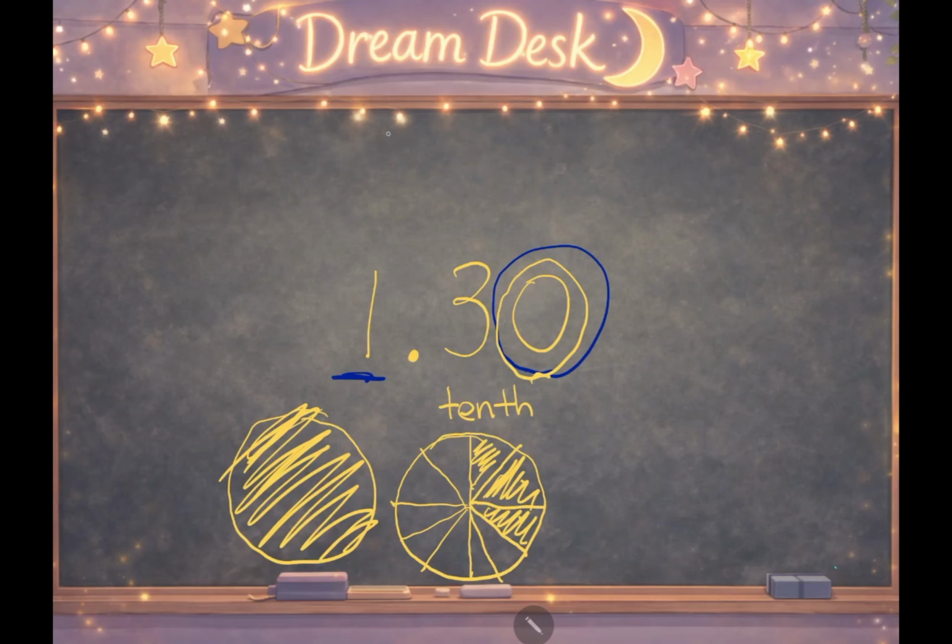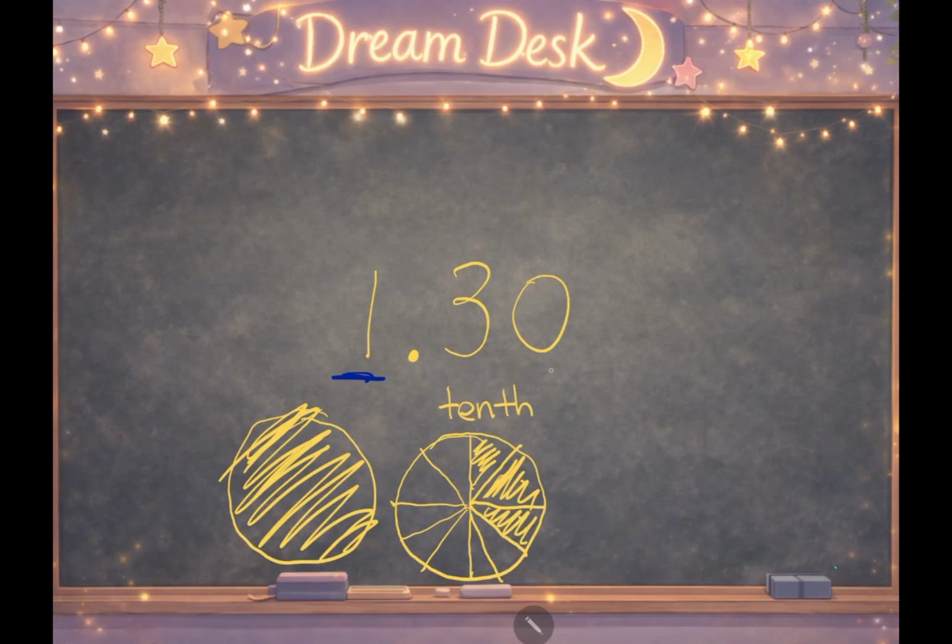Just like when we talked about 1.0 equals just 1, 1.30 equals 1.3. So there is no need to write the 0 in this place value.